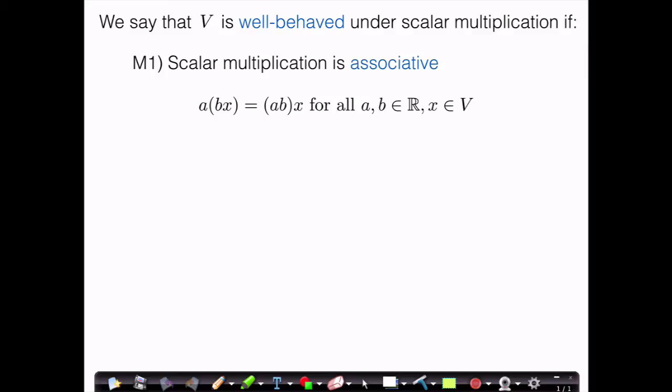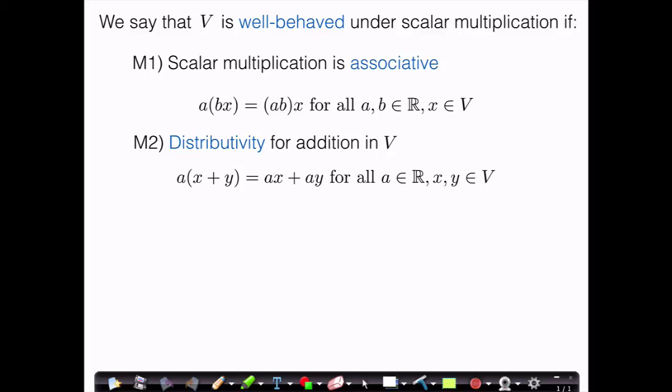So if we have some element x in V and we first multiply it by b to obtain a new element in V, and then multiply that by a, that should be the same as if we first just do the multiplication of real numbers, a times b, and then multiply that real number by x, our element of V. Okay, so we also don't need to use parentheses in scalar multiplication. That's what this condition is saying.